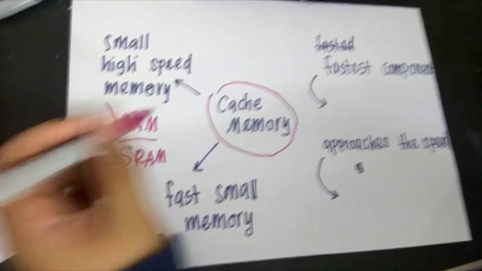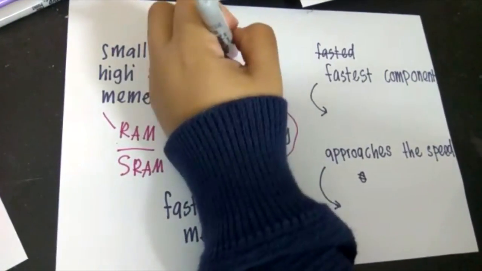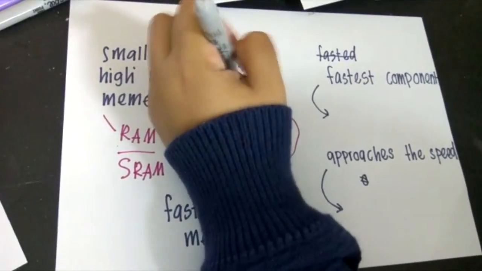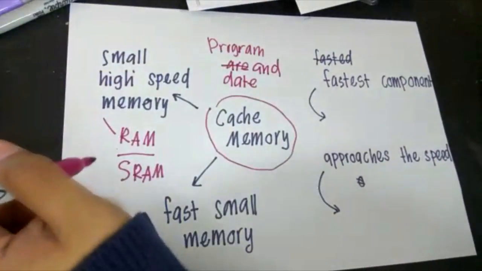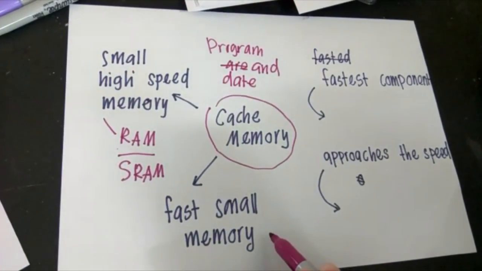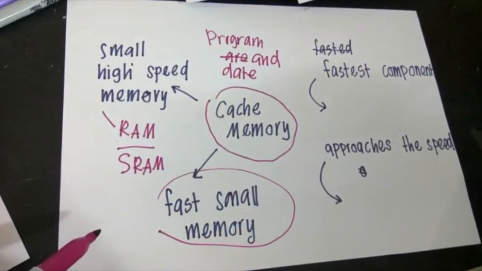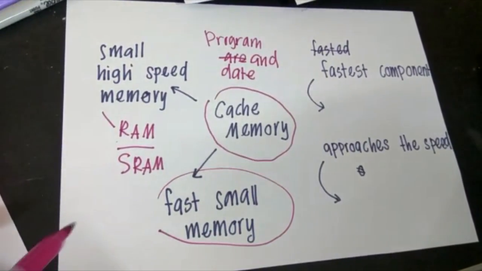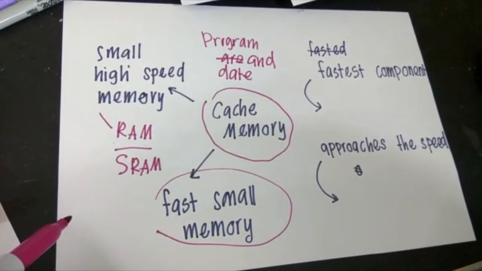Active portions of the program and data are placed in a fast small memory, so average memory access time can be reduced. Okay, this reduces the total execution time of the program.